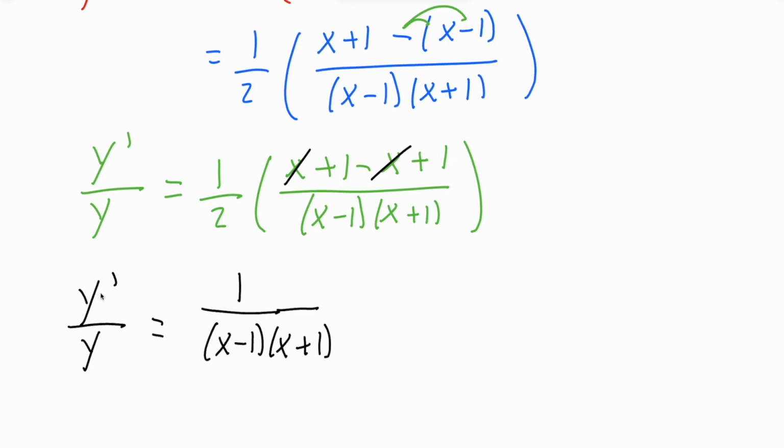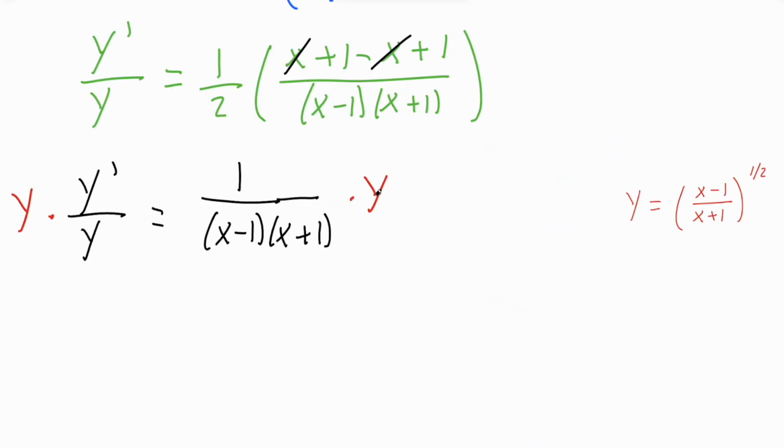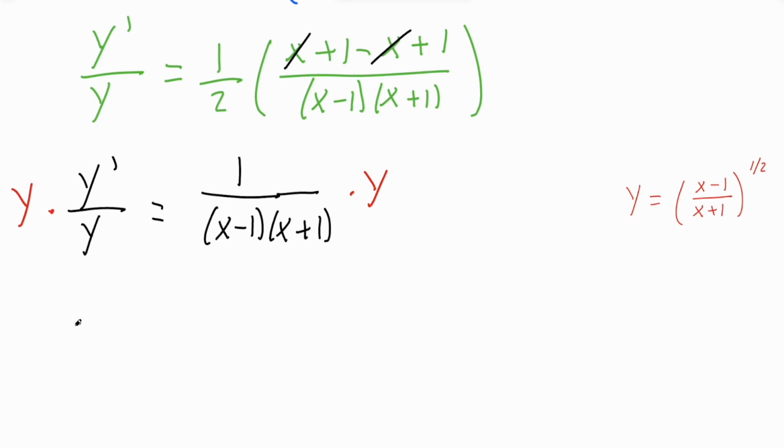And we want to get this y prime by itself, so we need to multiply this piece by y, and this piece also by y. And again, y was what we originally had, this whole square root of x minus 1 divided by x plus 1, and I also wrote it in this form right here. So just a little side note, I just brought y from the top to here. And so what we're going to get is y prime is equal to, I'm going to replace y with that.